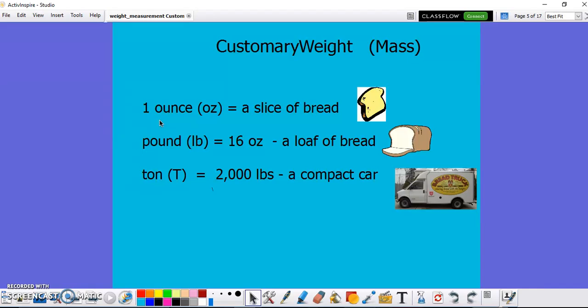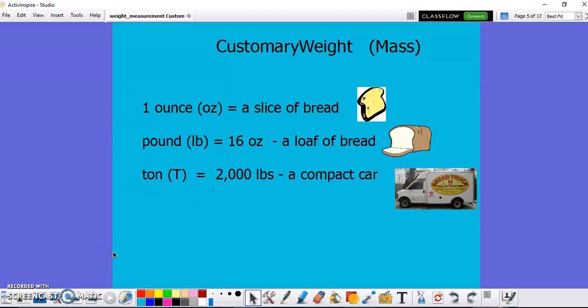It's equal to about 1 slice of bread. A pound is about 16 of those slices or a loaf of bread. And 1 ton is 2,000 pounds, which would be roughly the size of a compact car. So, smallest is the ounce, middle is the pound, and largest is the ton.